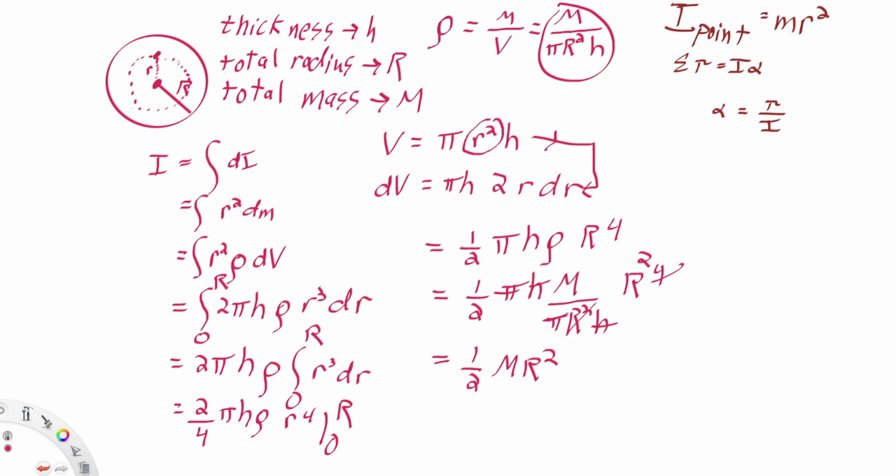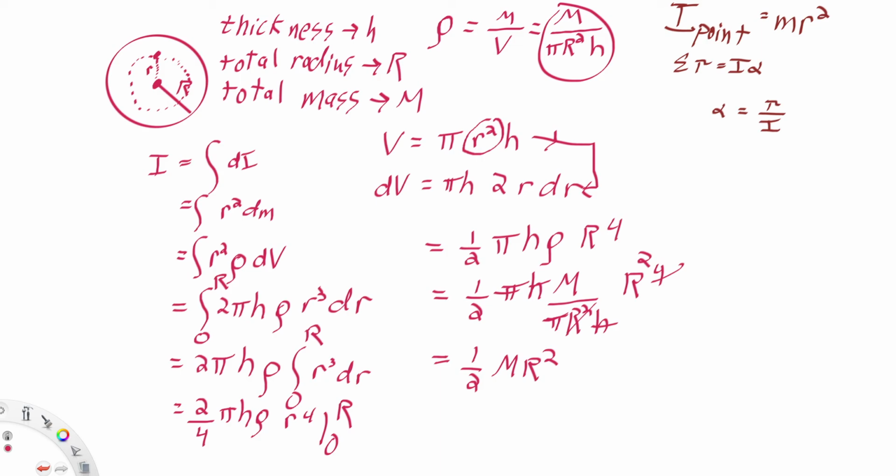Wikipedia has a really good list of these results for a variety of different shapes. If you just search wiki moments of inertia, you'll get a nice list.